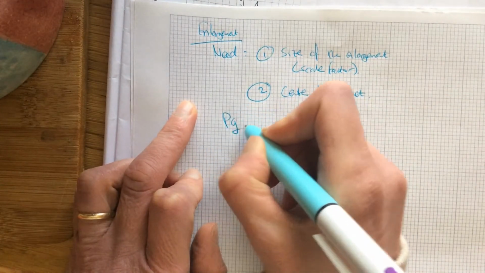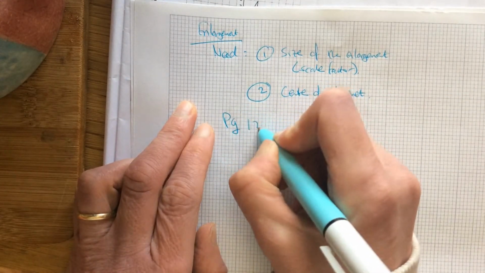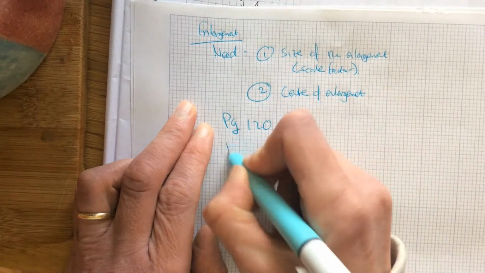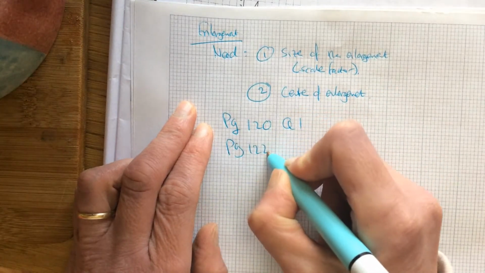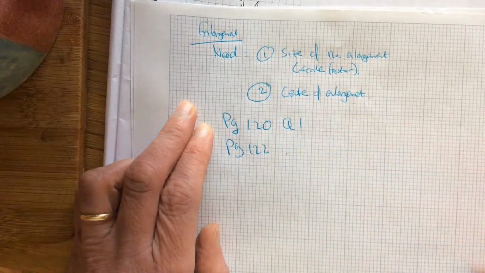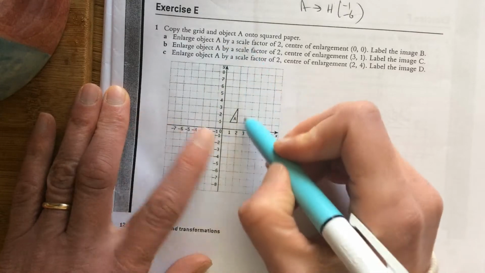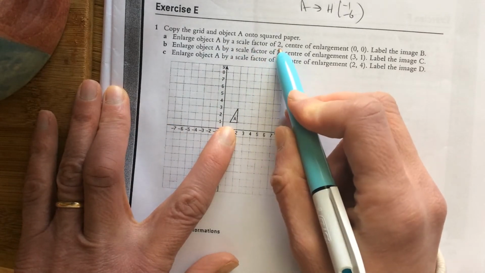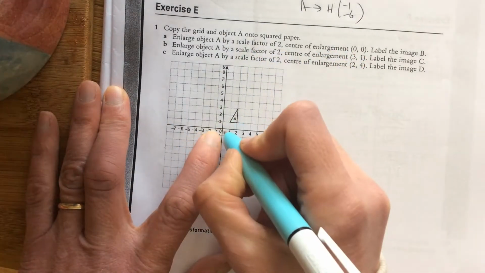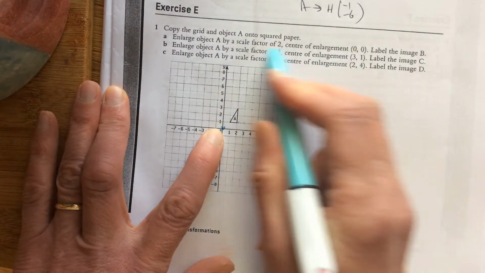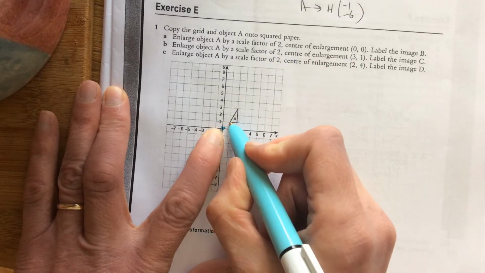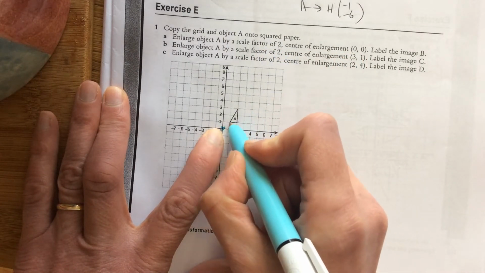Now what I'd like you to do is turn in your wee booklets, and we'll do page 120, question 1, and we'll do page 122. So I'll do these with you. So first of all, object A, scale factor 2, centre 0, 0. So what that means, see, to get to this point, I go across 1 and up 1.